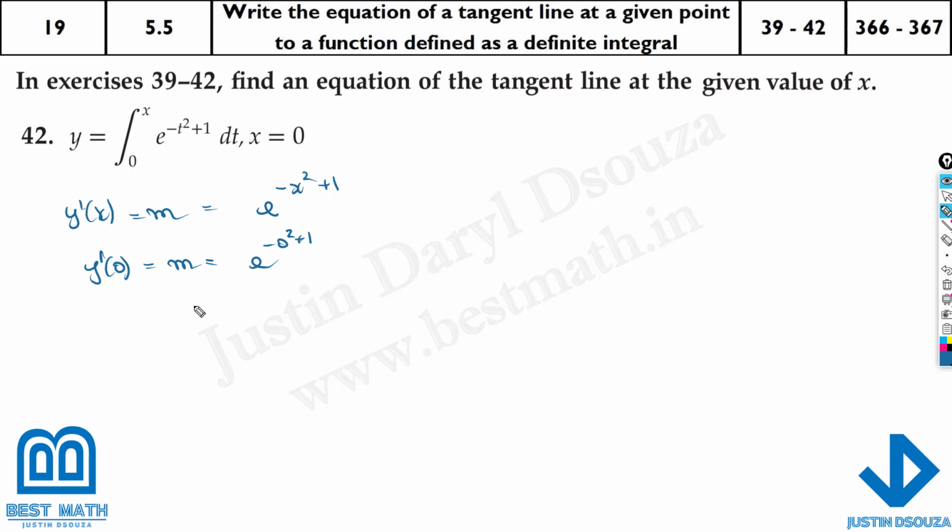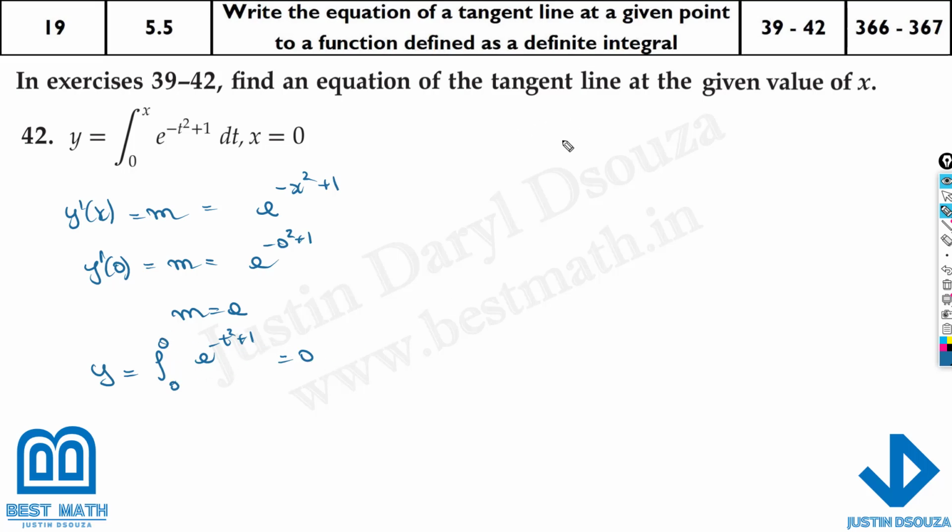So now it's just e. So here the slope is e. That's it. Now what about the y value? Y is equal to the integral from 0 to 0 of e to the power minus t squared plus 1. And over here it is equal to 0. Why? Because from 0 to 0, it will just dissolve to 0.